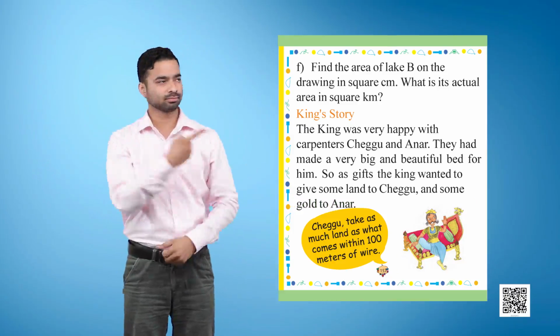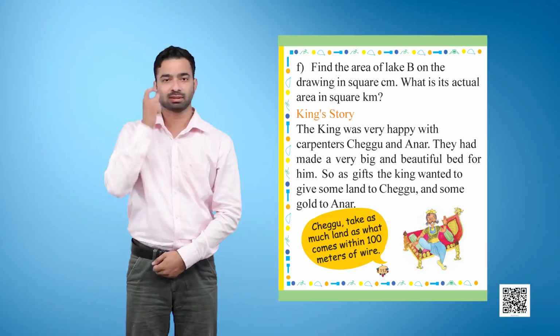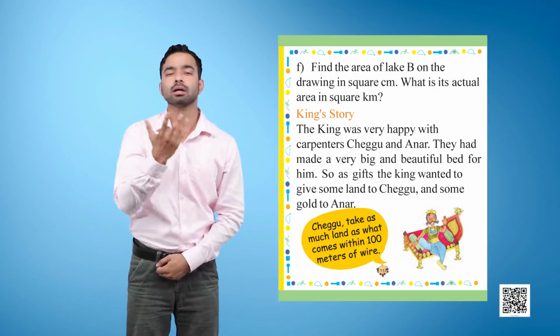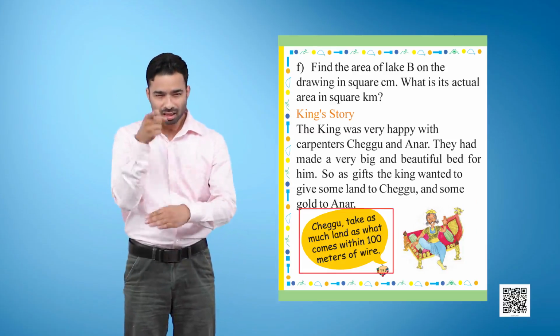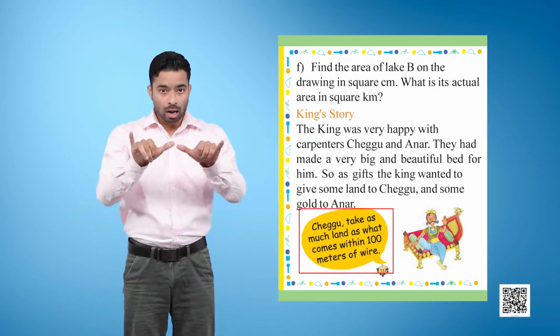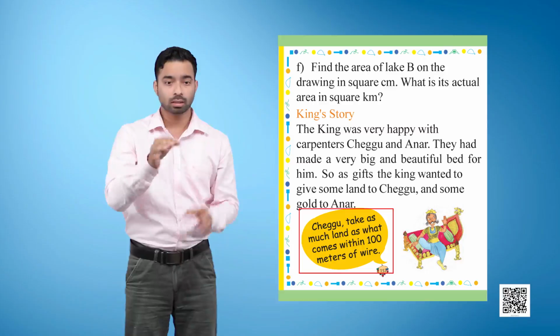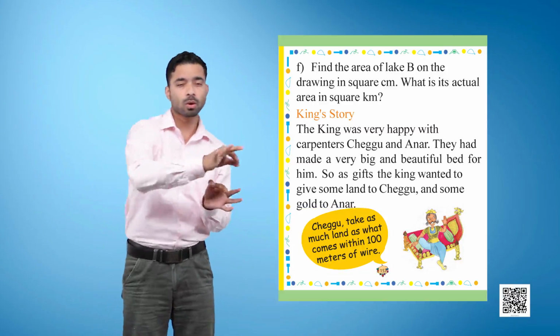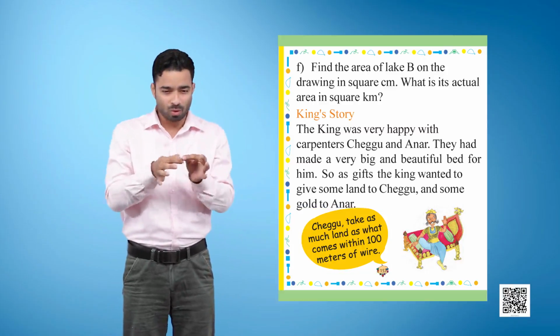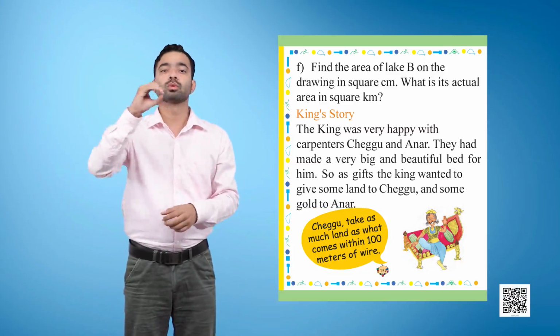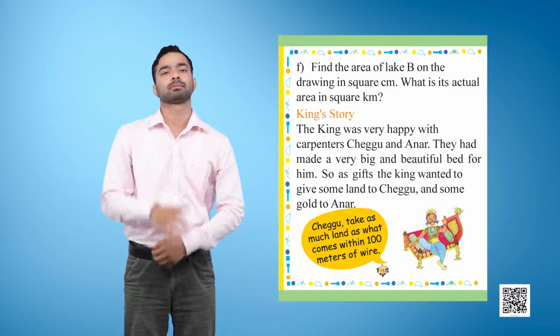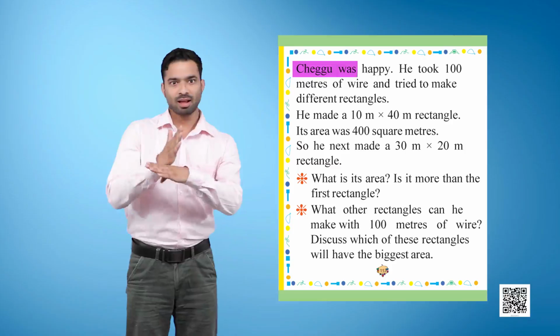We have the picture of the king sitting on his bed and asking Chegu, "Chegu, take as much land as what comes within 100 meters of wire." Chegu was happy.